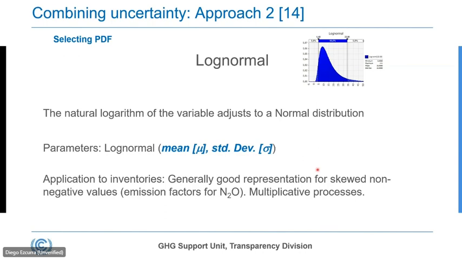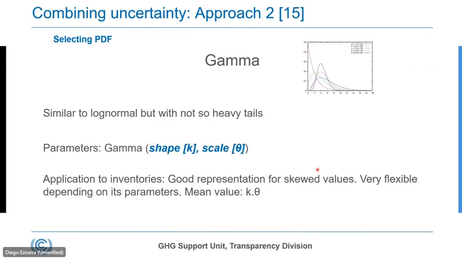It's good for emission factors in general because log normal distributions cannot be negative, and that also holds for emission factors. So it's a good representation, but sometimes the lower and the upper limit do not match properly if we have some data for the intervals. So for those cases, we may use other alternatives.